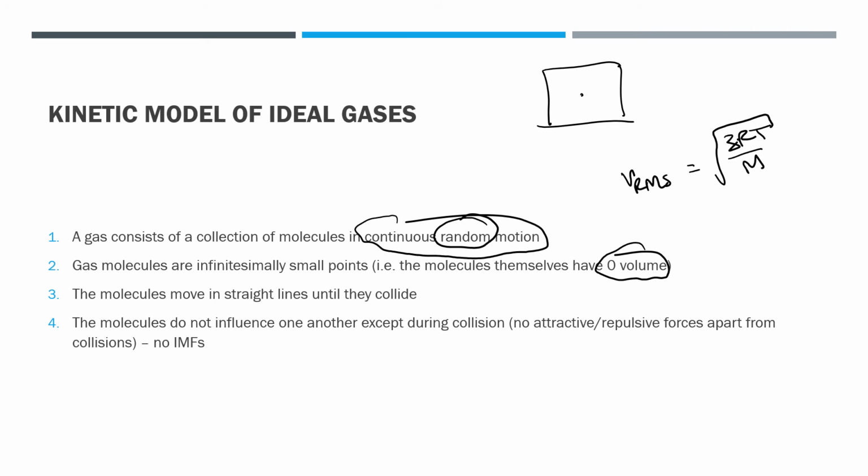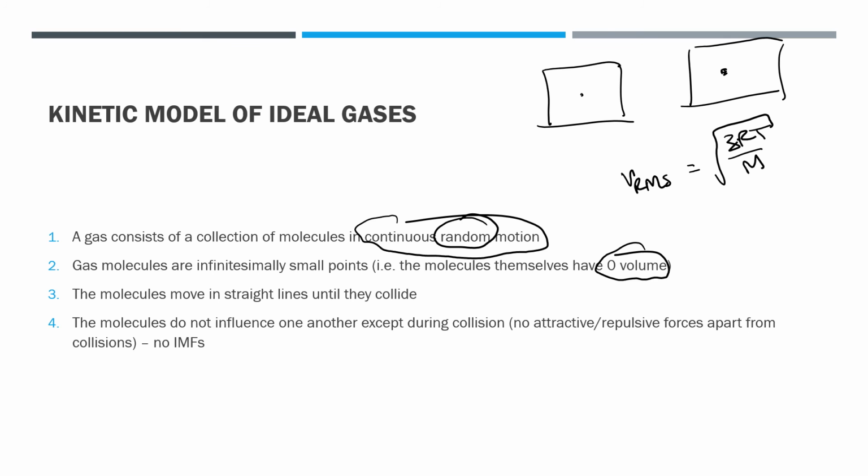And one way to think about this is that if I look at one molecule, one tiny gas particle, there might be a bunch of other gas particles in this gas sample, but what this gas particle sees is basically the entire volume of the container.